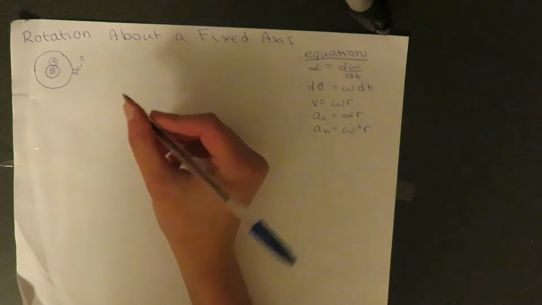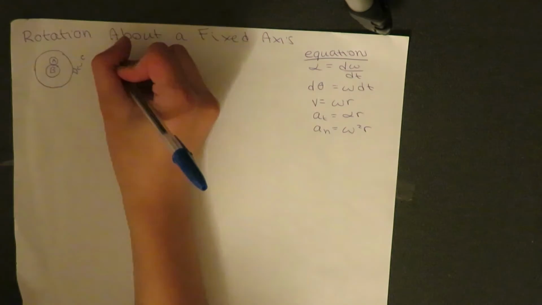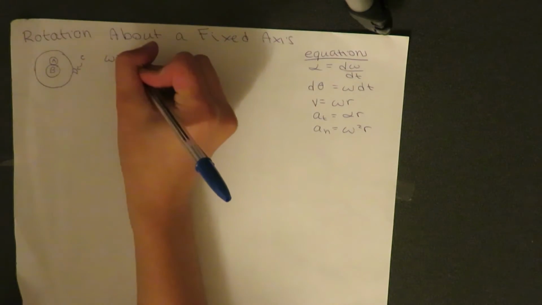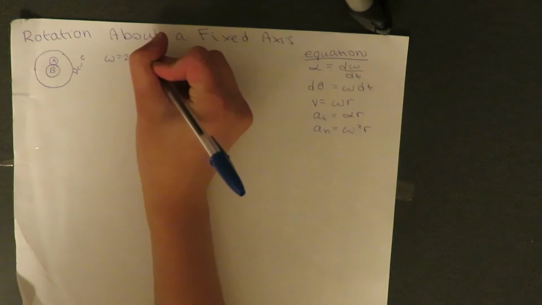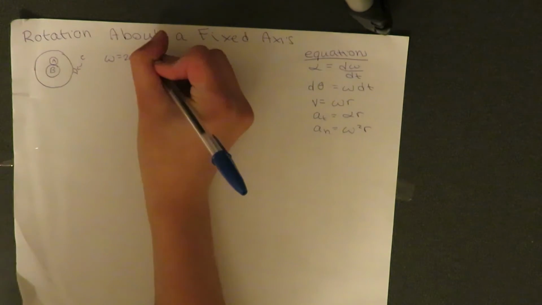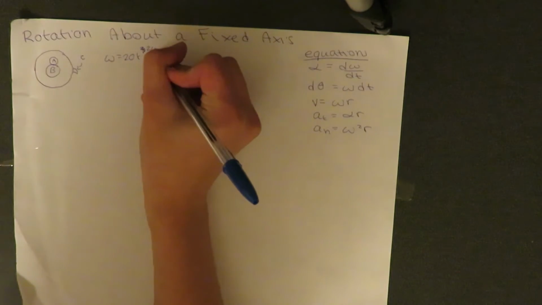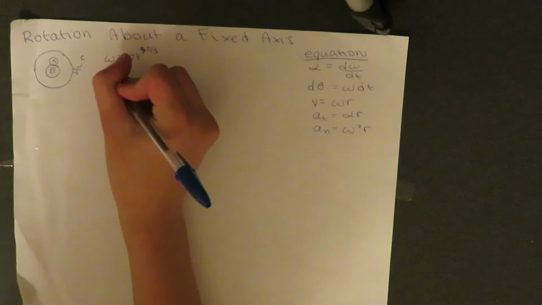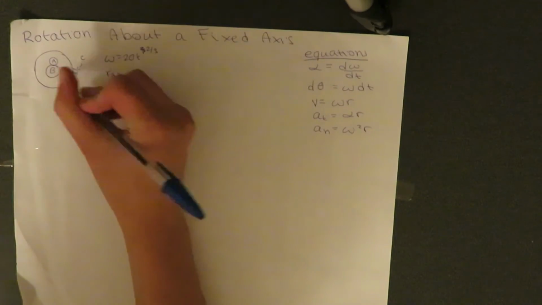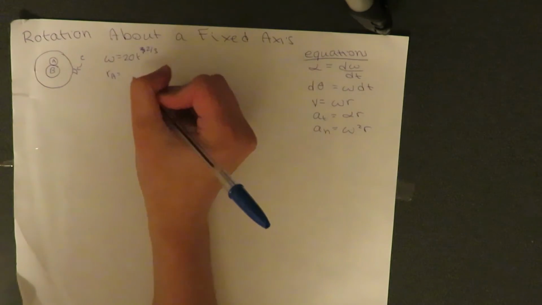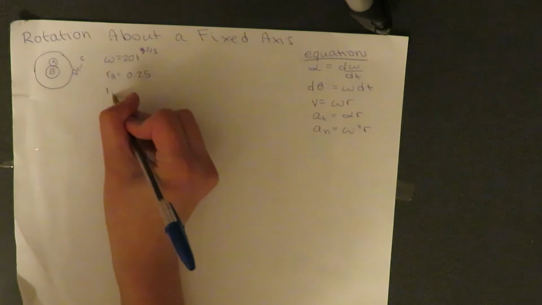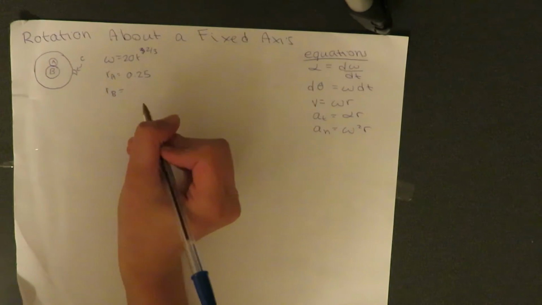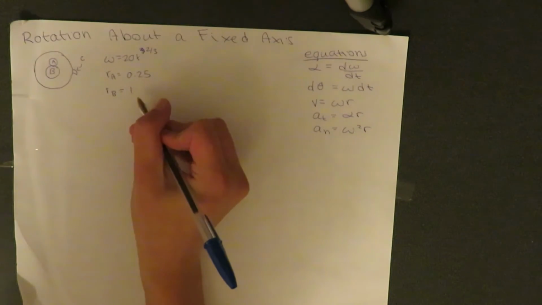So the question gives you some information. It tells you omega is equal to 20 t to the 2/3. It also tells you RA, the radius of gear A, is equal to 0.25. It says RB, radius of gear B, is equal to 1.